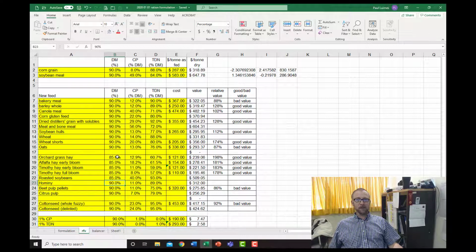Wheat shorts gets a little bit expensive, if I remember correctly, in December. So either buy them already in November before they get expensive, or maybe you want to substitute out a little bit of wheat shorts during that point in time as well. So pay attention to feed costs throughout the year. Find out when things are cheap, when they're expensive, and again, make slow modifications to that diet so that you don't upset the rumen function of your ewe or of your lambs.